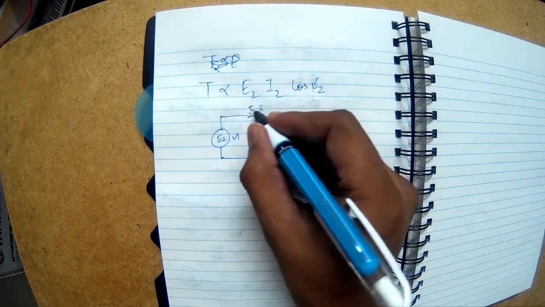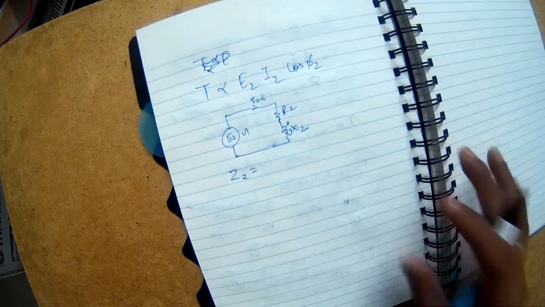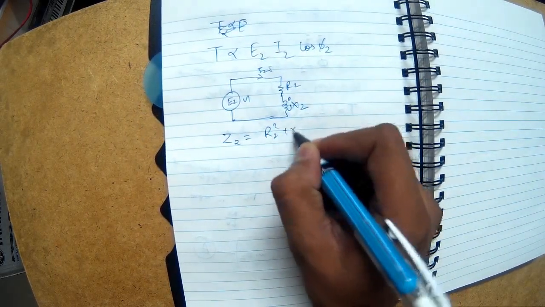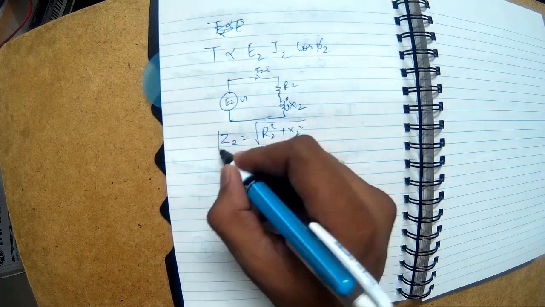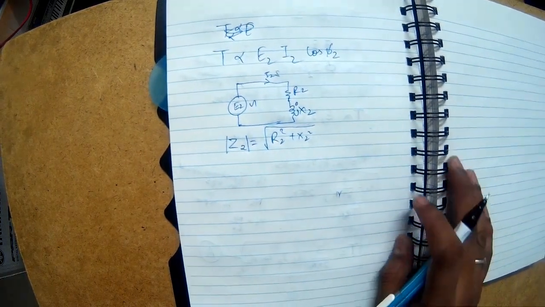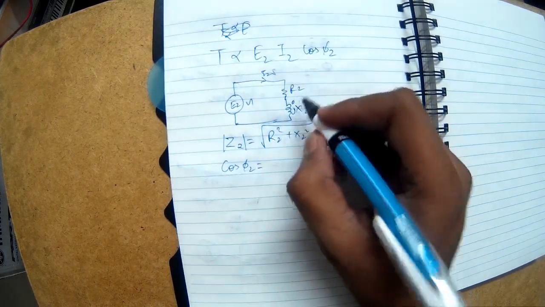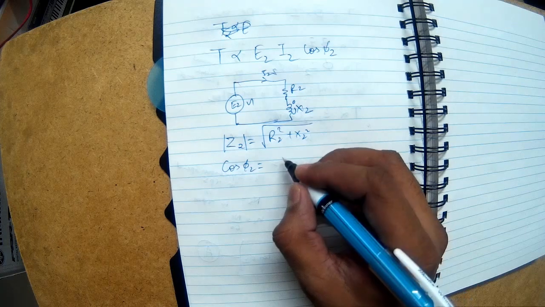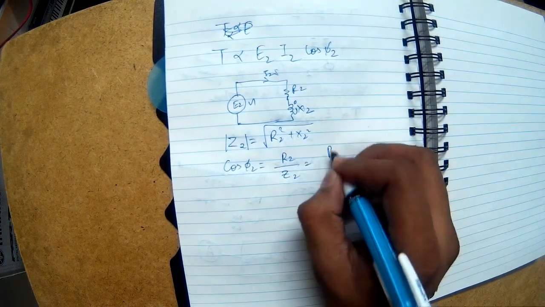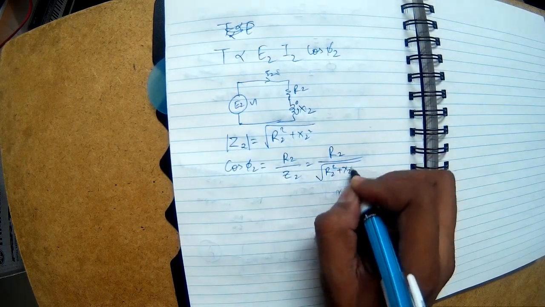So what is I2 in this? First of all, Z2 is the per phase impedance of the rotor, that is nothing but the square root of R2 square plus X2 square. I'm just showing you the magnitude of Z2. What about cos phi 2? It is the power factor of the circuit, and power factor you know is R by Z. So I get R2 by Z2, that is R2 divided by the square root of R2 square plus X2 square.